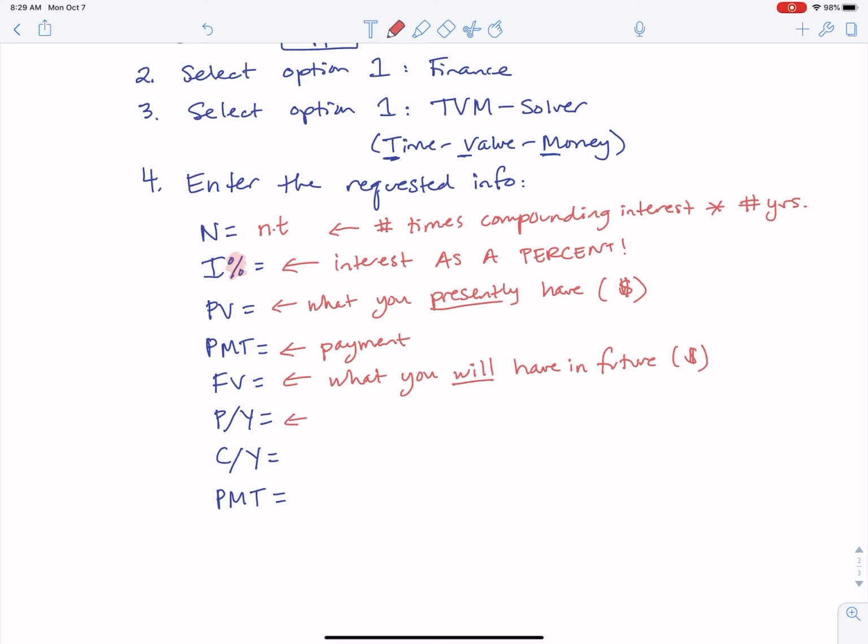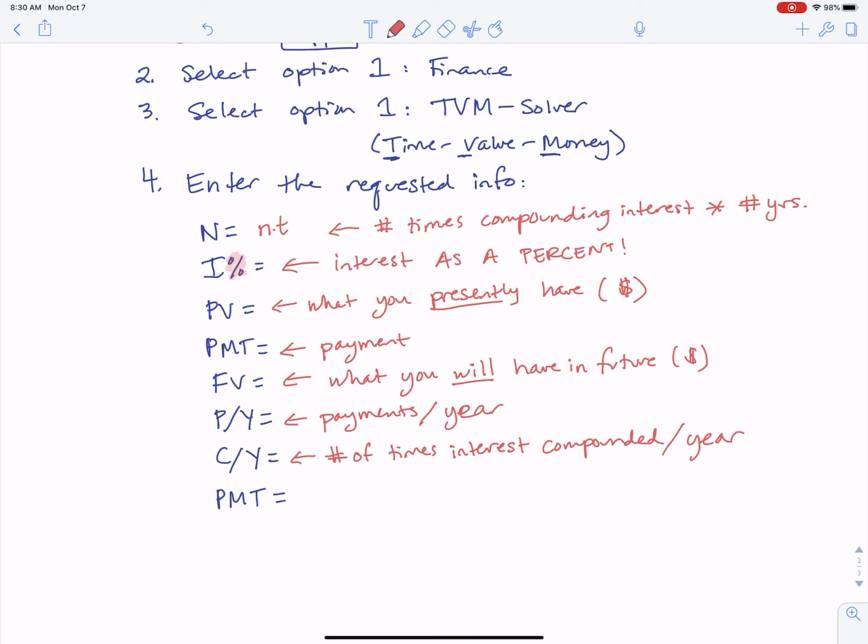P/Y stands for payments per year. C/Y stands for number of times interest is compounded per year.